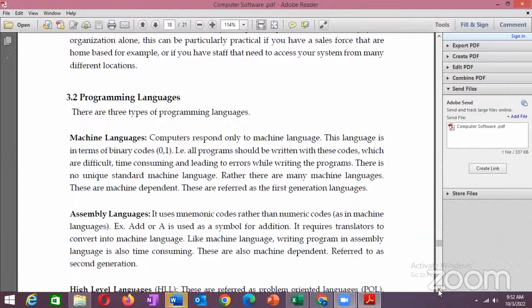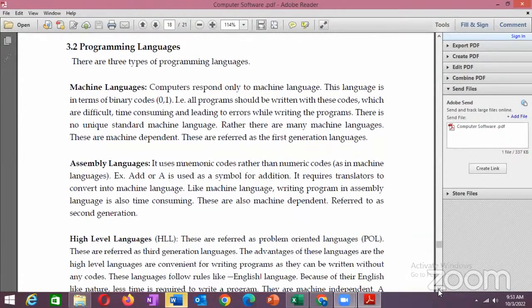All programs will be written with these codes, which are difficult, time consuming, and lead to errors while writing the program. There is no unique standard machine language. Rather, there are many machine languages. These are machine dependent. These are referred to as the first generation languages.